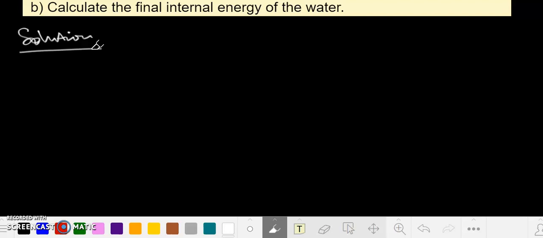If you look at the questions that we are given, let us find out the values that are given in the equation. So the given values.